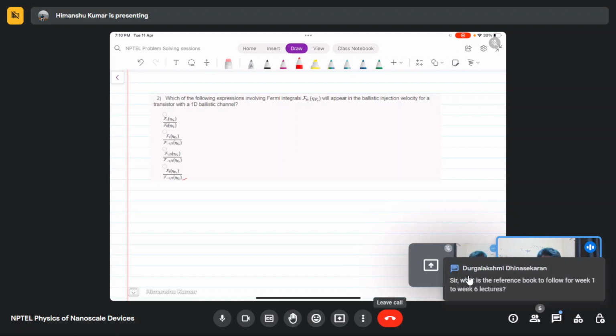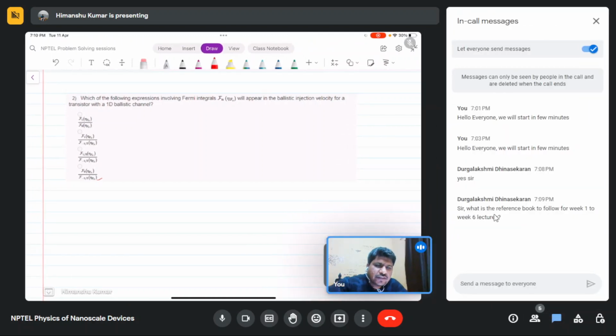Okay, so someone asked what is the reference book to follow for week 1 to 6 lectures. So basically, week 1 to 6 lectures are basic quantum mechanics or Schrodinger equations and some basic elementary MOSFET transport.